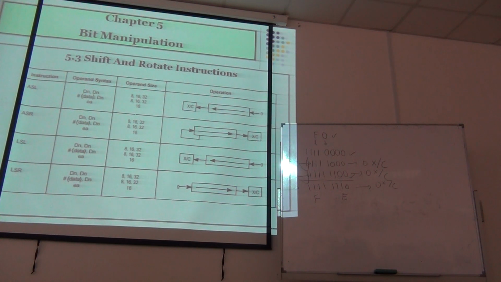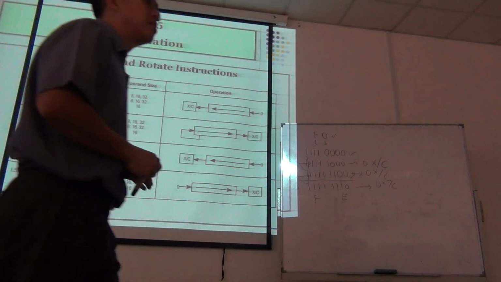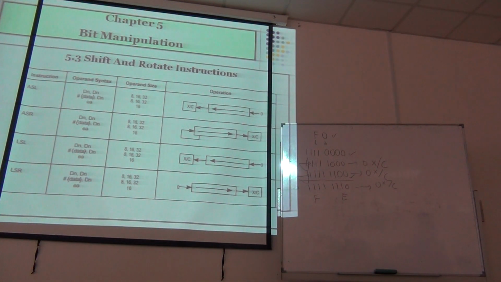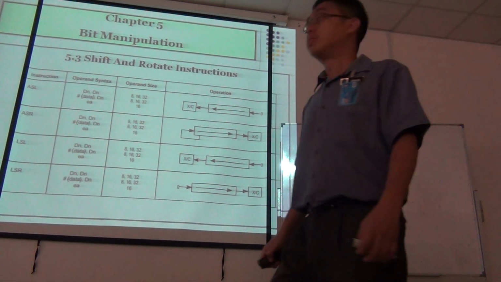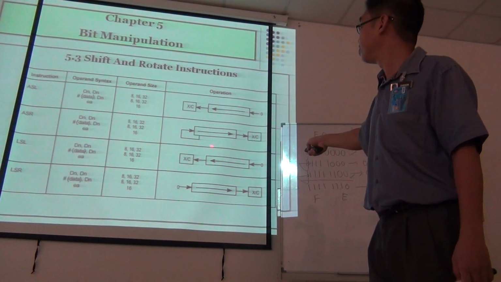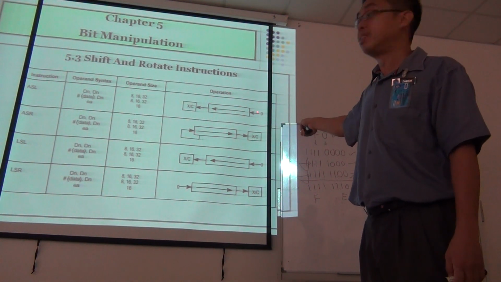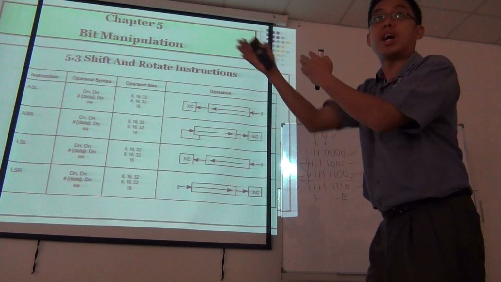Validate it in your PC and then validate it on the paper. This is the LSB, shift to the other side.